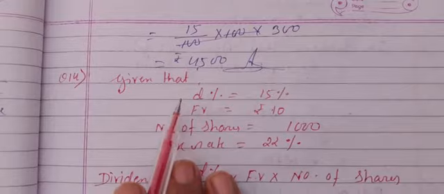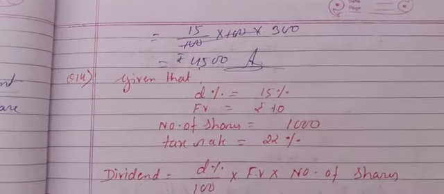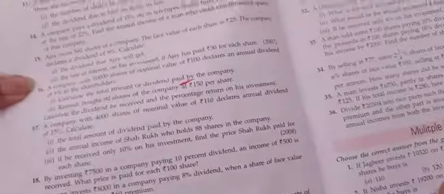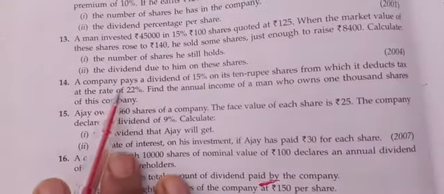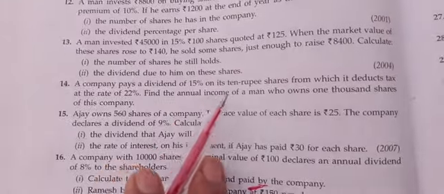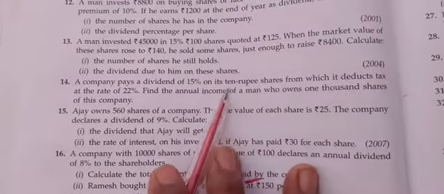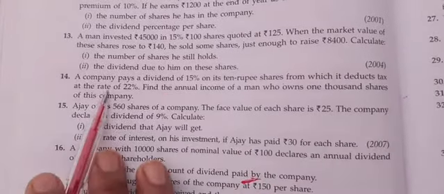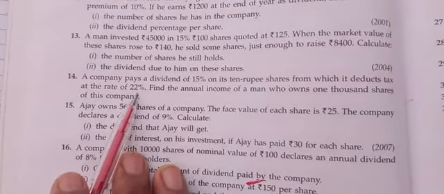Now see question number 14, what is given and what we have to find out. A company pays a dividend of 15%, this is the dividend percent, on its 10 rupees shares. This is the face value of one share, from which it deducts tax at the rate of 22%.